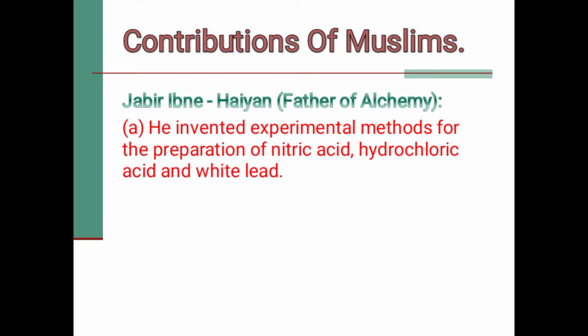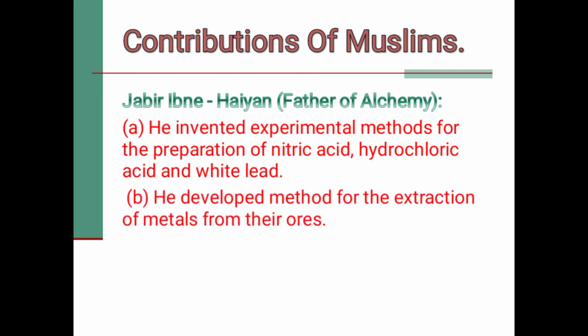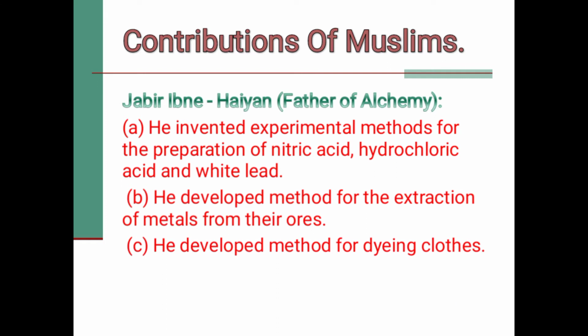All those methods were developed by Jabir ibn Hayyan. He also developed methods for the extraction of metals from their ores, as well as a method for dyeing clothes. Dyeing clothes means you dye your clothes with the help of some chemicals. The techniques and processes used for this were developed by Jabir ibn Hayyan.